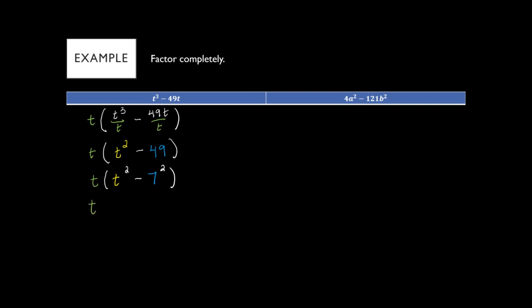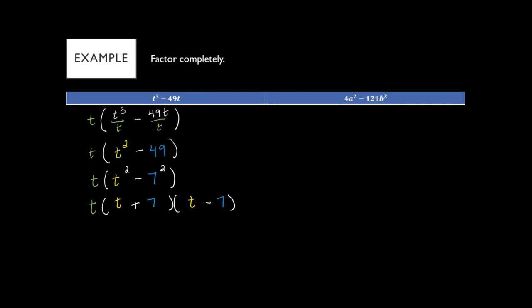But we still have to have that other t in front. So I'm going to set up my two sets of parentheses, and a plus and a minus. So the t is in the front, and then the 7 is in the back. And so your answer is t times t plus 7 times t minus 7.